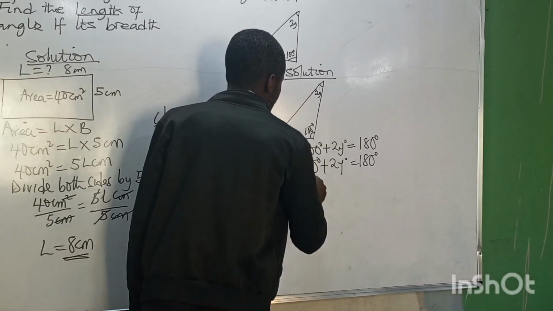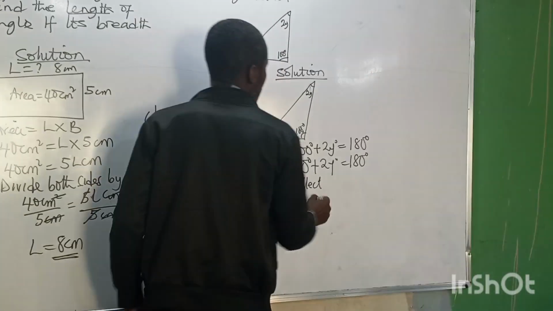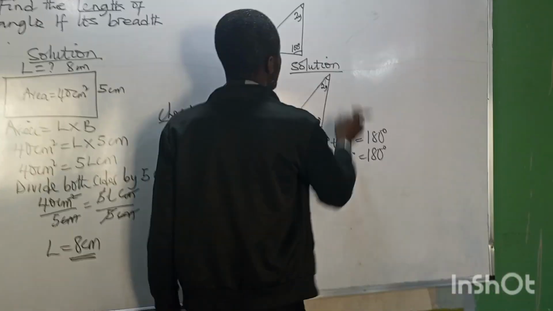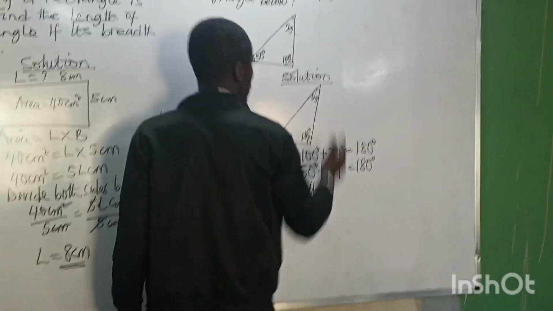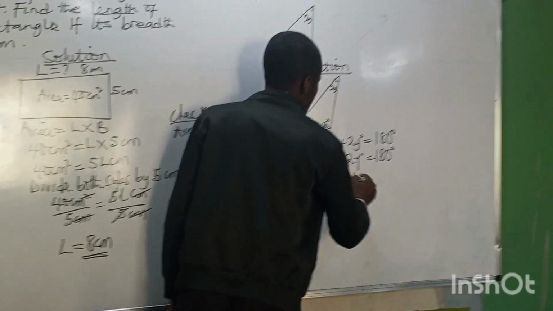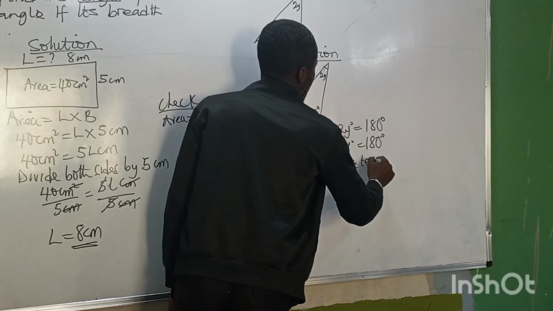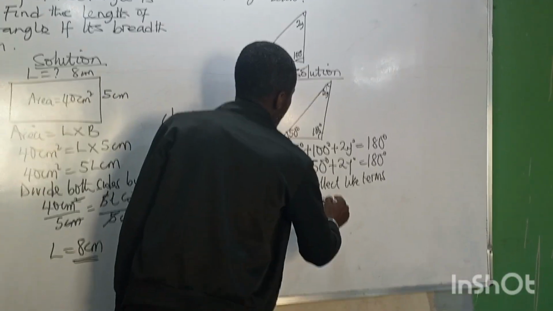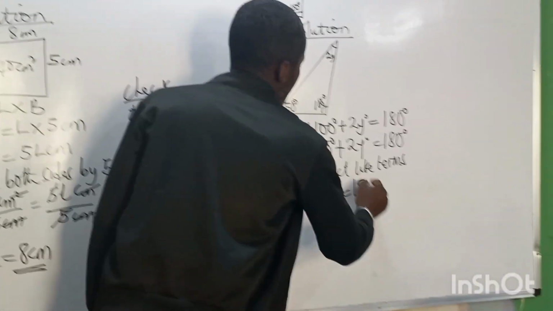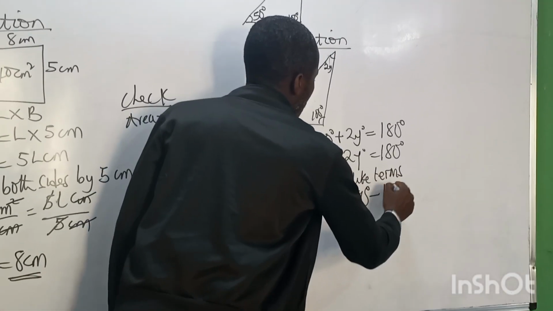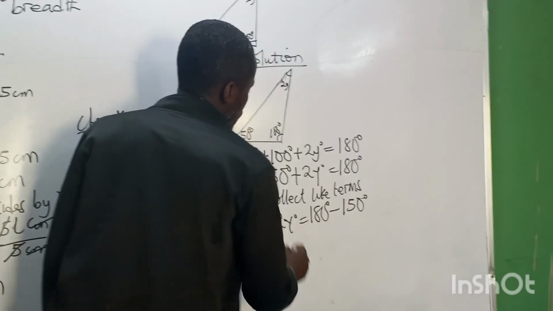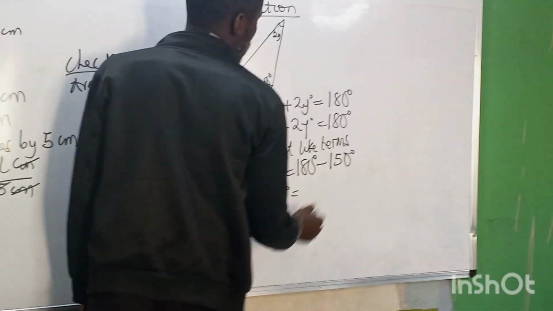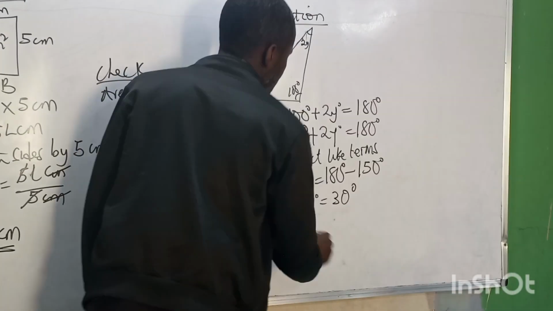Now you collect the like terms from here, because what we want to do is to find the value of y so that we can multiply with the 2 so that we can get our perfect angle. So collect like terms, you will have 2y equal to 180 degrees minus 150 degrees. So you have 2y degree equal to 180 minus 150 will give us 30 degrees.